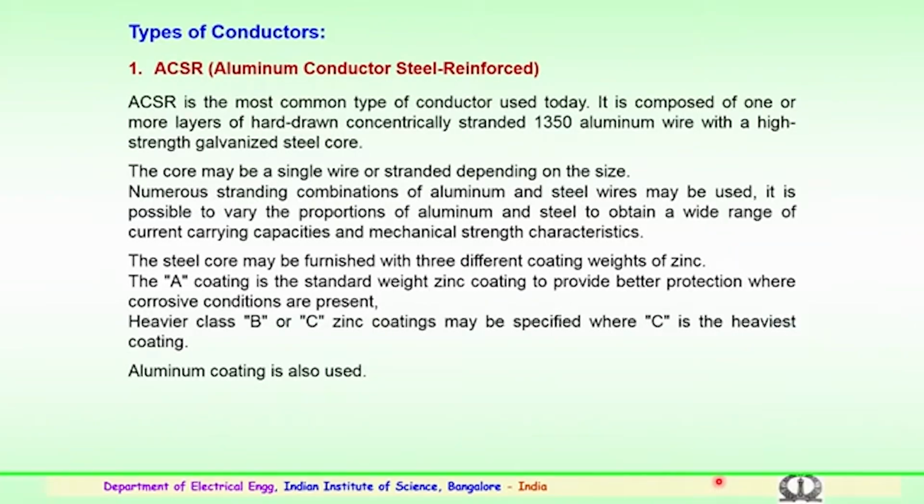The C type, the heavier coating, is used for heavy corrosive zones where the corrosion could be very heavy. Aluminum coating is also used apart from these zinc based coatings.